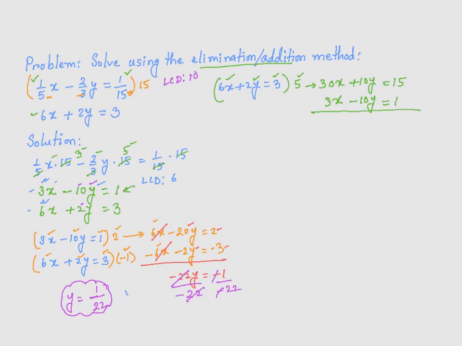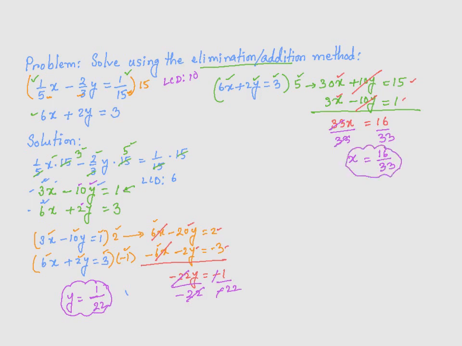Now if I add them, I get the following. Positive 10y, negative 10y cancel out. 30x plus 3x is 33x is equal to 16. 15 plus 1. Now I divide both sides by 33. This 33 cancels out. That gives me x is equal to 16 over 33.